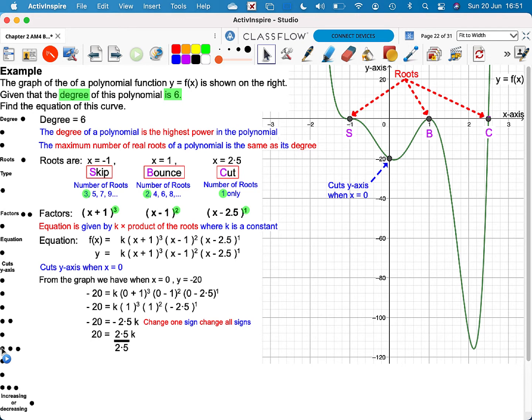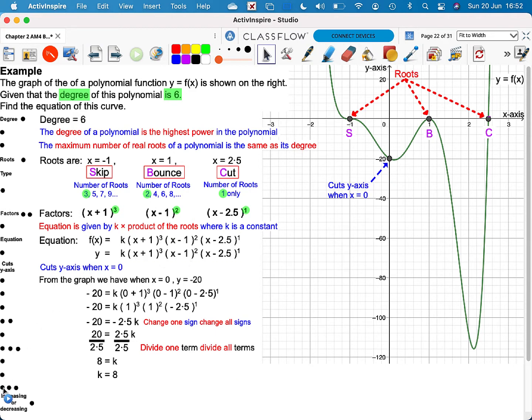Now we're going to divide both sides by 2.5, and we then get the value of k. So k, in this case, because we had the intercept on the y-axis, can be calculated, and k is equal to 8. That enables us to finish writing out what this equation is.